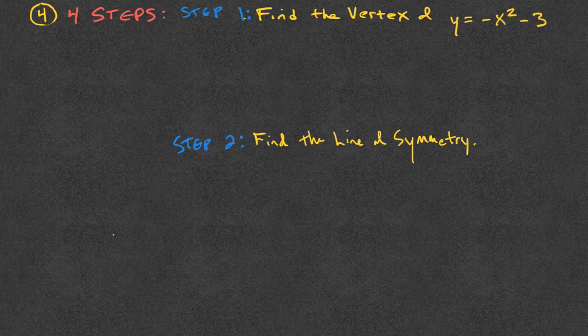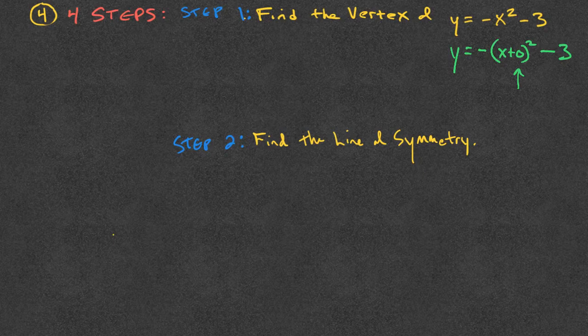Here, you don't have a parentheses, but we can create one. Instead of x squared, we're going to make it y equals negative (x plus 0) squared. Still the same as x squared because x plus 0 is just x. But this will help us figure out what our vertex is.